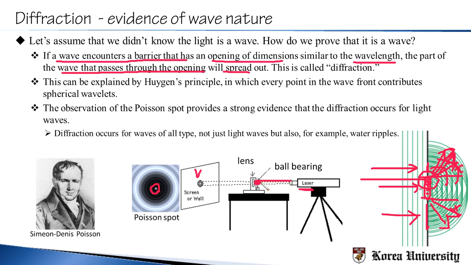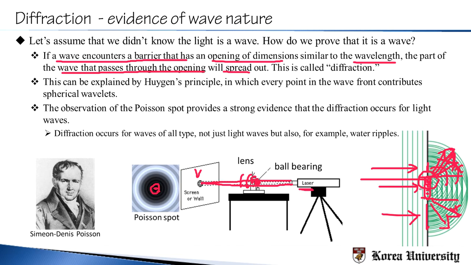According to the Huygens principle, here the spherical wave appears. So part of the beam will go through like this, and then on the other edge, another diffraction will occur. So this bright spot in the middle represents all the light converging, which is diffracted around the edge of this ball bearing.